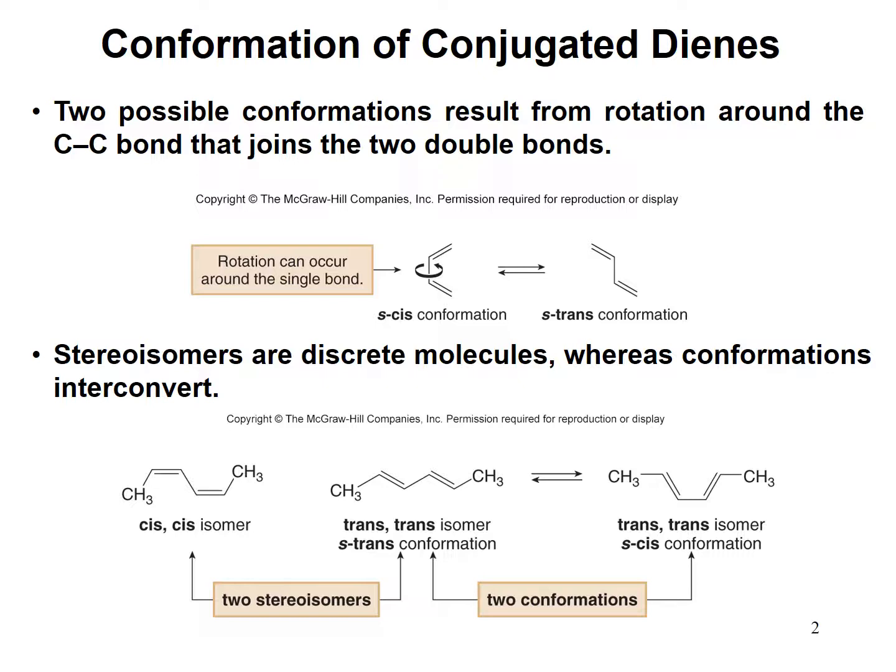Stereoisomers are discrete molecules, whereas conformations interconvert. We can easily convert from S-cis conformation to S-trans conformation by simply rotating the sigma bond in our molecule. But in order to go from a cis-cis isomer to a trans-trans isomer, we have to break and reform the double bonds.